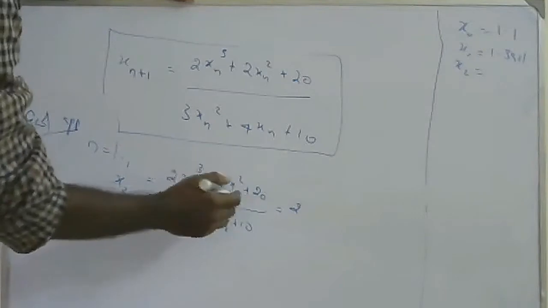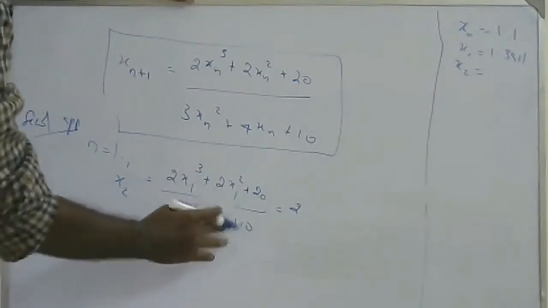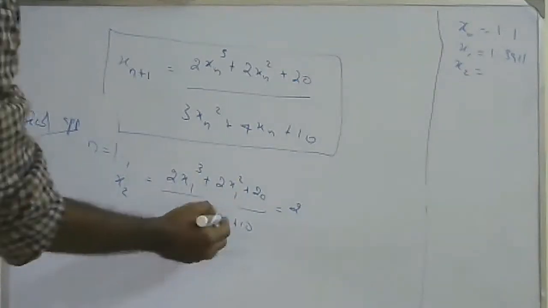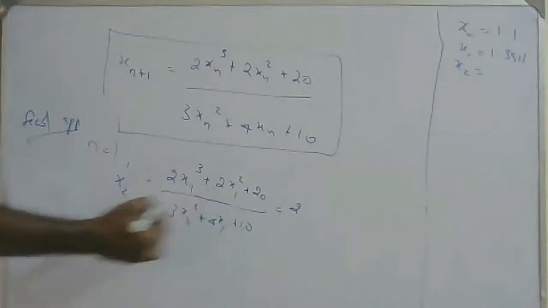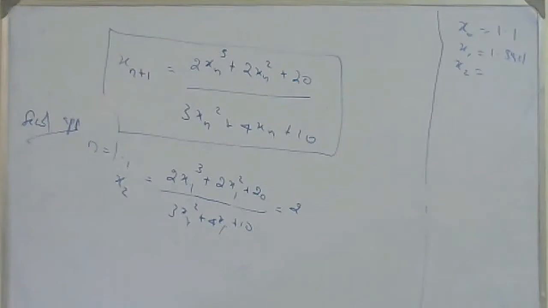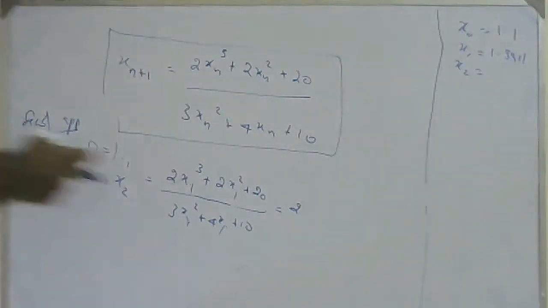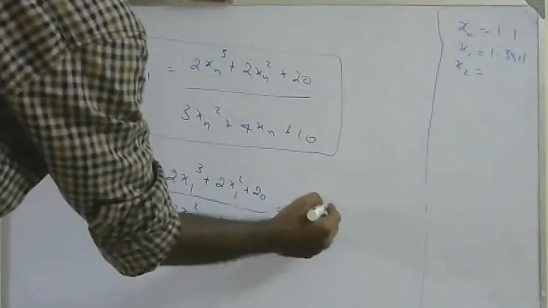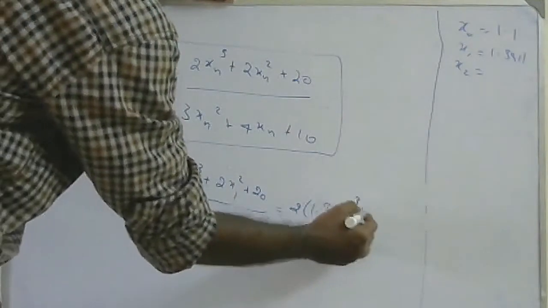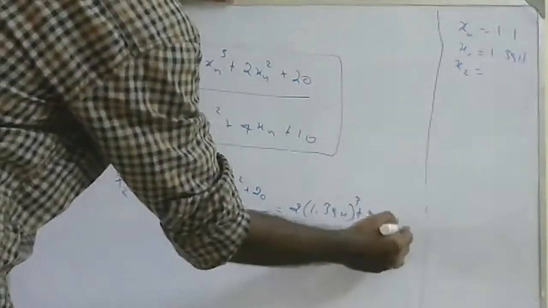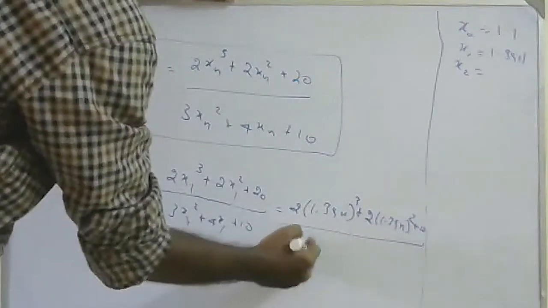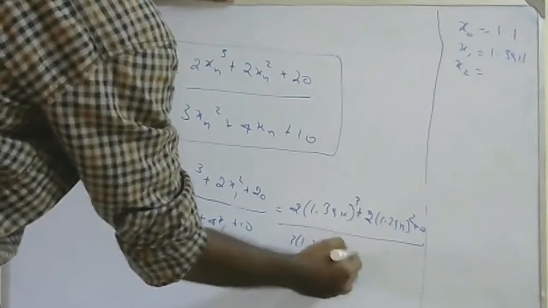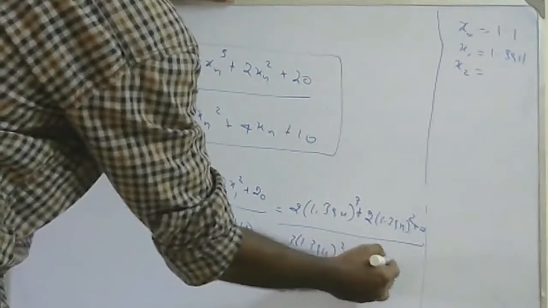This is the reason I never leave any problem unfinished; I will finish it within that particular class. So 2 into x1 cube. What is the value of x1? 1.3911. 2 into 1.3911 the whole cube plus 2 into 1.3911 the whole square plus 20, divided by 3 into 1.3911 the whole square plus 4 into 1.3911 plus 10.